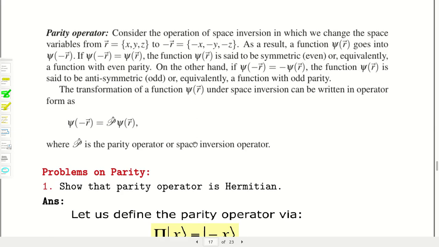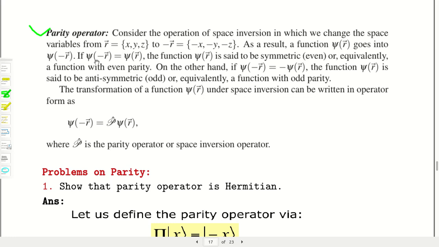Now another important operator is the parity operator. Parity means the operation of space inversion, that is, we change the variables from r to minus r by reflection. As we change the coordinate system such that r becomes minus r, the wave function, which is a function of the r vector, goes into a function of minus r.